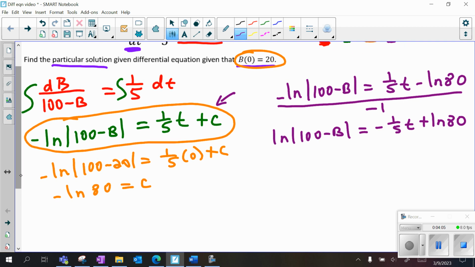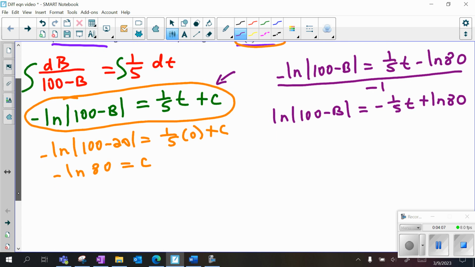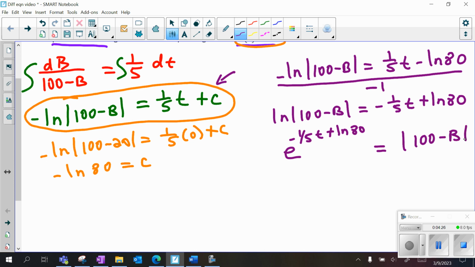Our b is stuck inside of a log. So to get it out, we'll use the inverse operation of exponents. So my base is e raised to the negative 1/5 t plus ln of 80 equals the absolute value of 100 minus b.